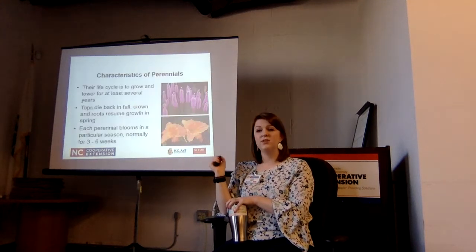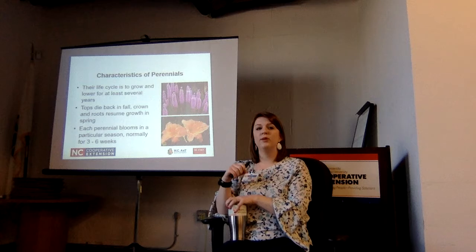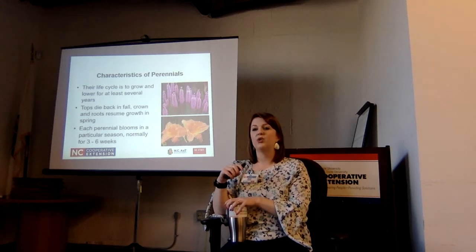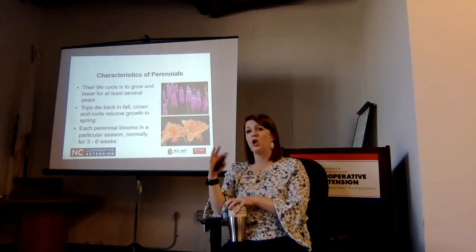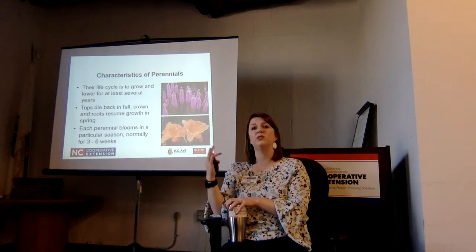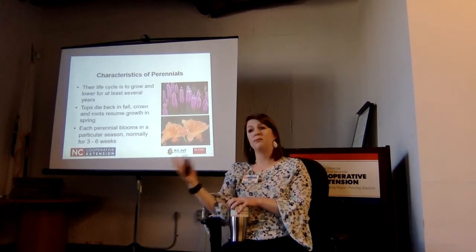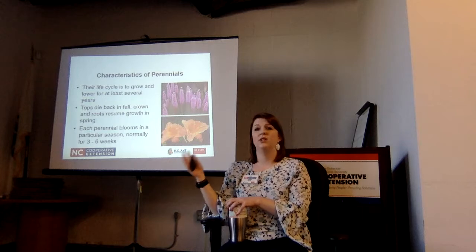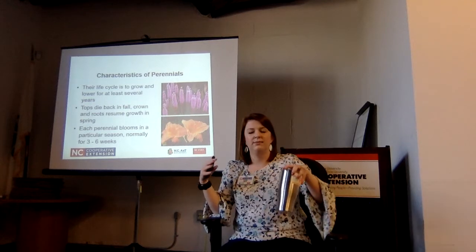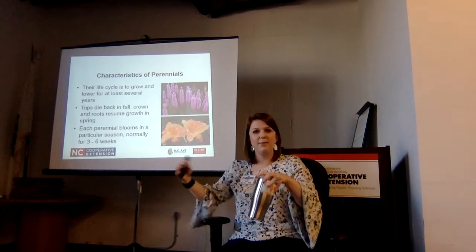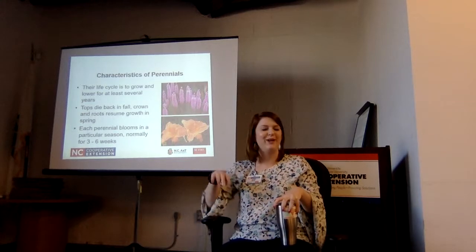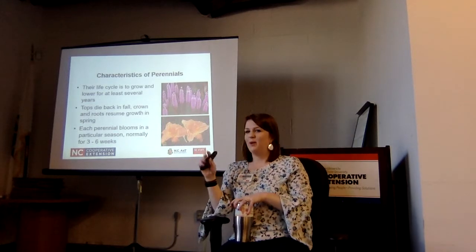And then perennials. Perennials are ones that grow for several years, hopefully at least for several years. Some may be a little bit more short-lived perennials, and some may persist. And even, like hellebores, they pop up and then you have to start dividing them and give them to your friends. But I do love hellebores.